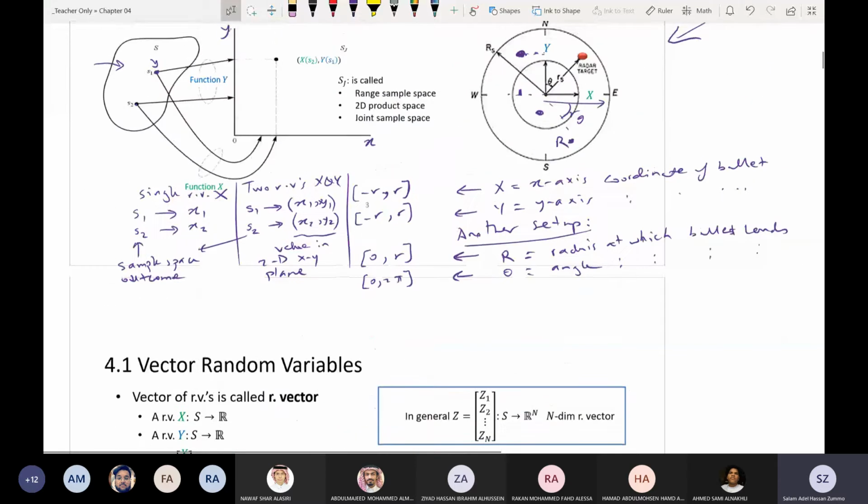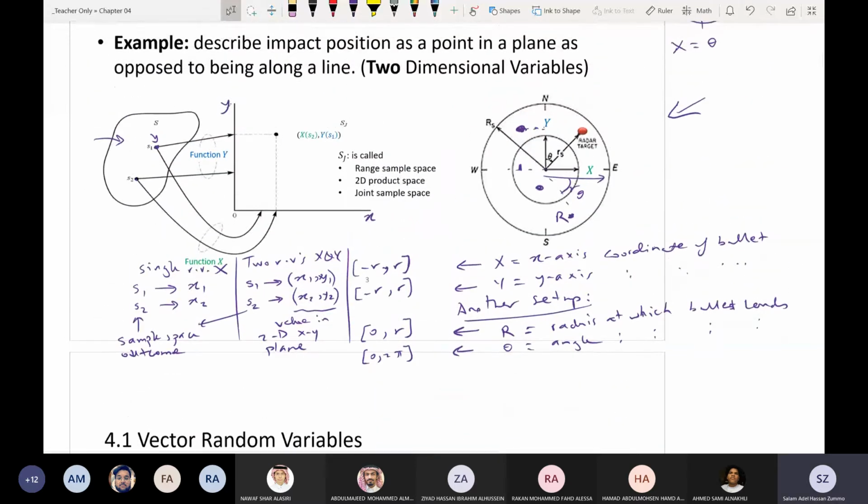Another example is the weather. For example, assuming that the weather is mainly controlled by the temperature and the pressure of the atmosphere. In this case, in predicting the weather tomorrow, it's not enough for us. Let's talk about the Eastern Province. Let's not talk about the pressure. Let's talk about temperature and humidity. So in describing the weather tomorrow or after 1 month, it's not enough for us to say that the temperature is 20 or 30.